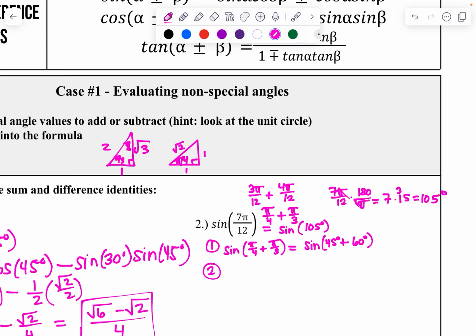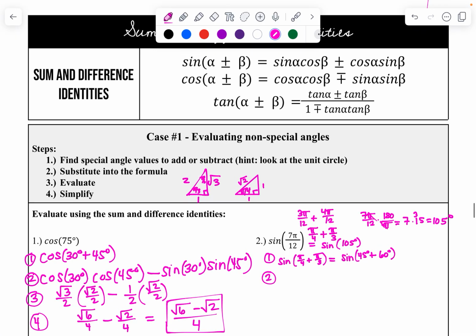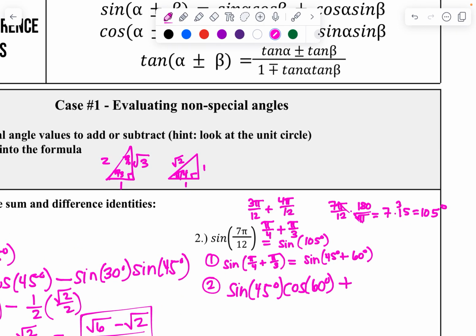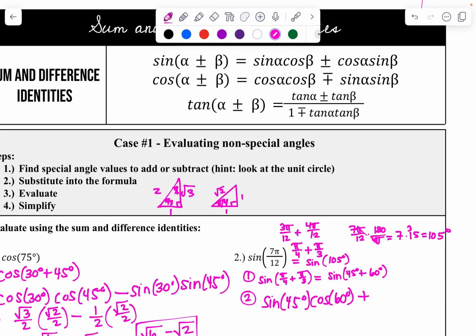All right, so now let's plug it into our formula. So we've got the sine of 45 degrees times the cosine of 60 degrees plus, because sine matches the original, we've got cosine of 45 degrees times the sine of 60 degrees.